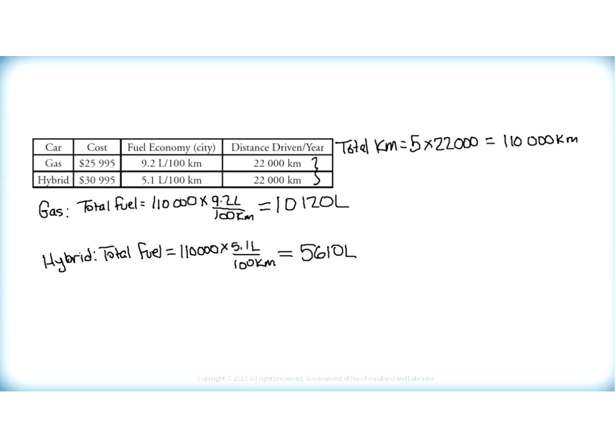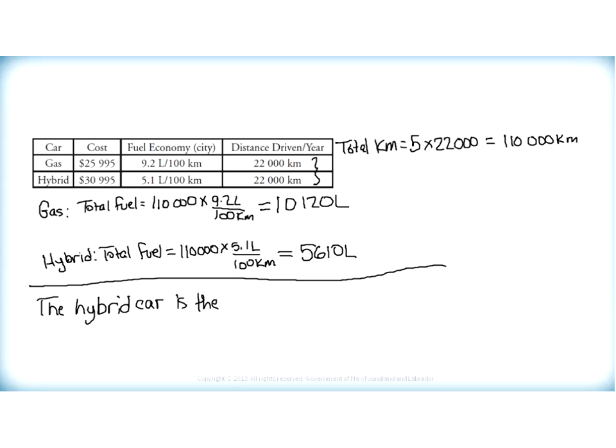And we're actually going to save about $1,000 overall. So the hybrid car is the more cost-effective option.